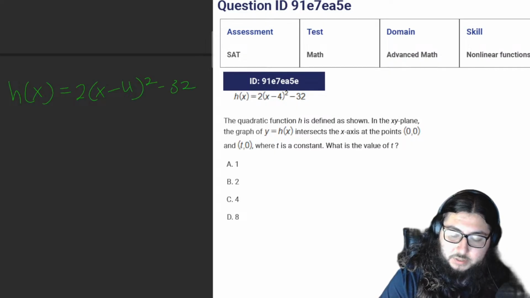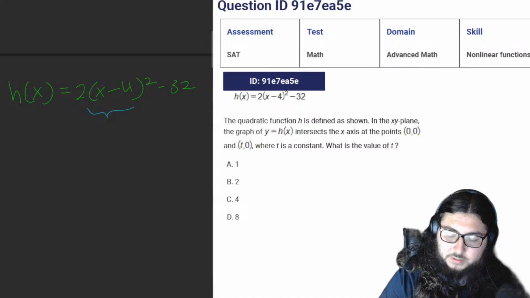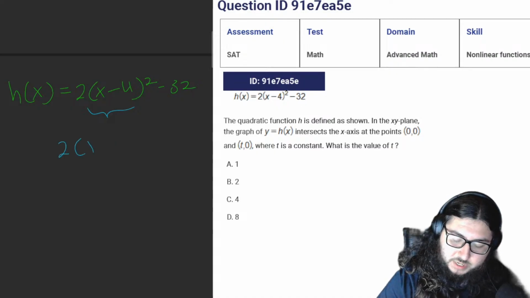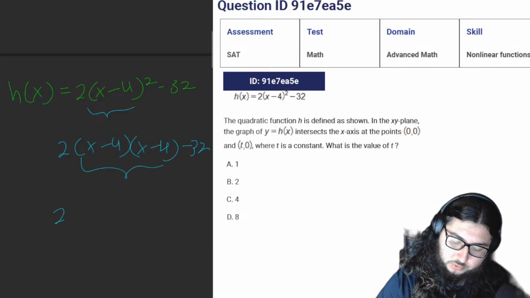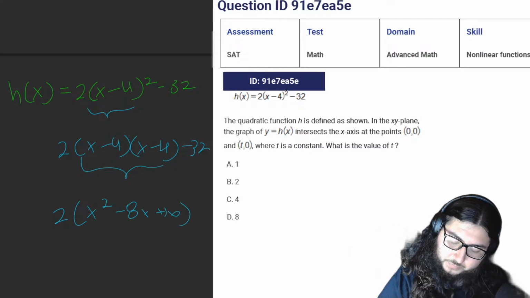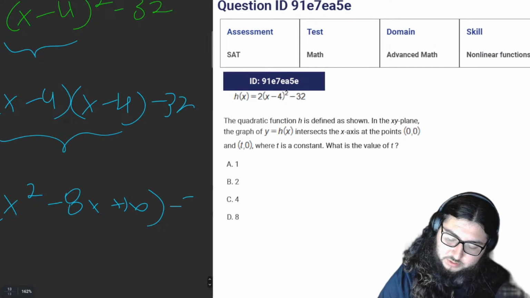Your approach to this is going to be to expand or FOIL this. So 2 times x minus 4 times x minus 4 all minus 32. So this part will be 2 times x squared minus 8x plus 16, and then this minus 32.